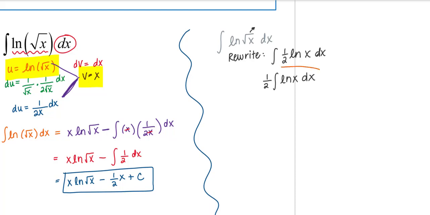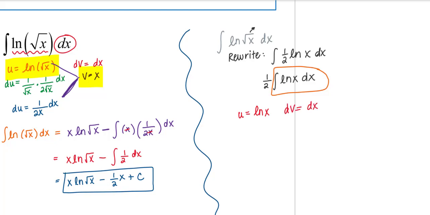Okay, so I need to identify how I am going to anti-differentiate natural log of x dx. Well, it's actually a by parts formula, so please don't memorize what this antiderivative is. Your u is going to be your natural log of x. Then your dv is all of the leftover, which is dx.